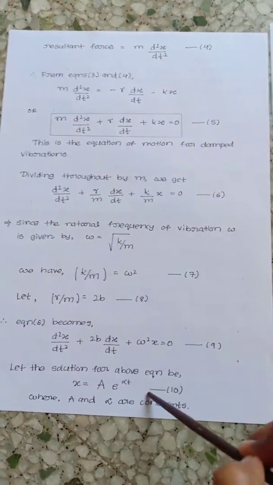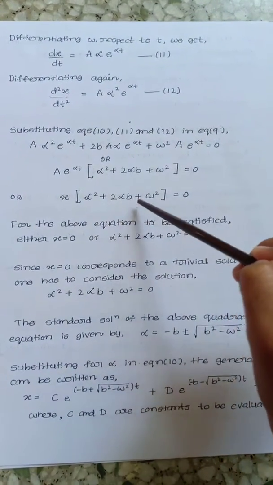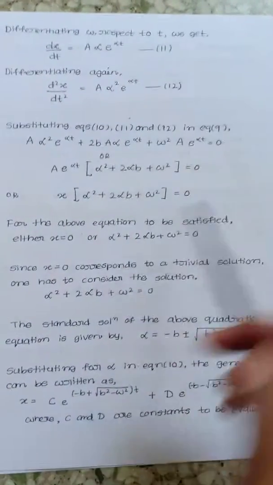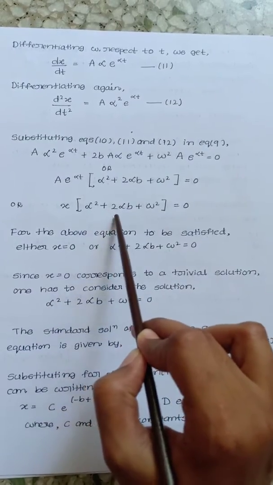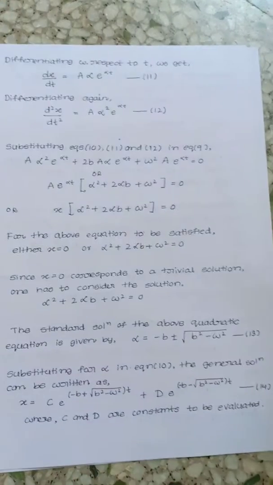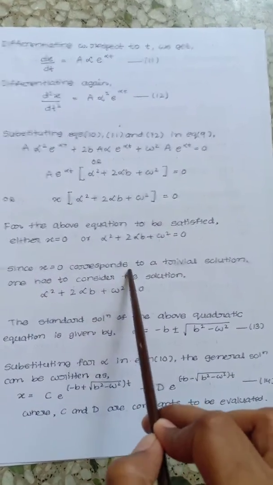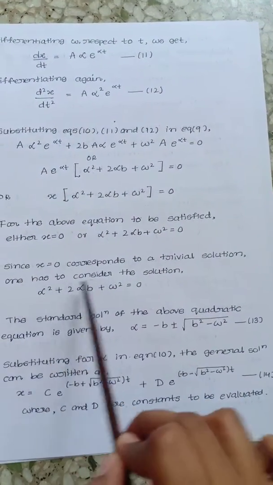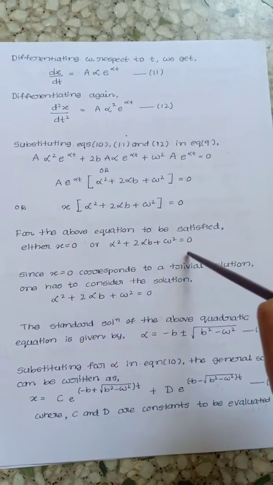So x into alpha square plus 2 alpha b plus omega square is equal to 0. So x is equal to 0 or alpha square plus 2 alpha b plus omega square is equal to 0. Since x is equal to 0 corresponds to the trivial solution, you have to consider the solution for this equation.